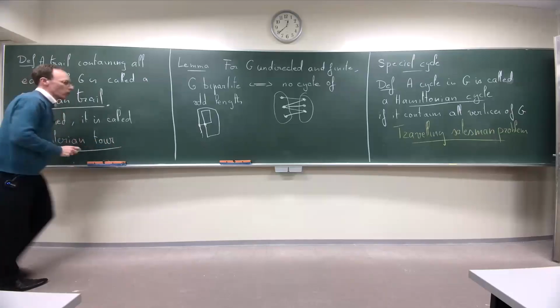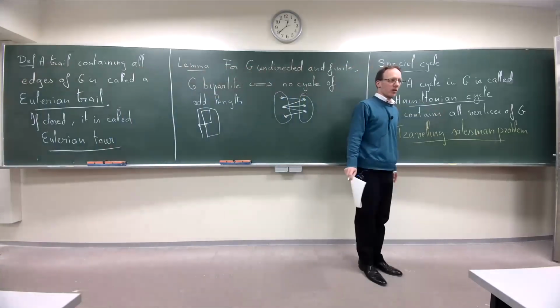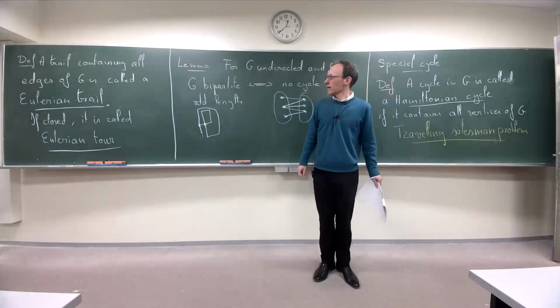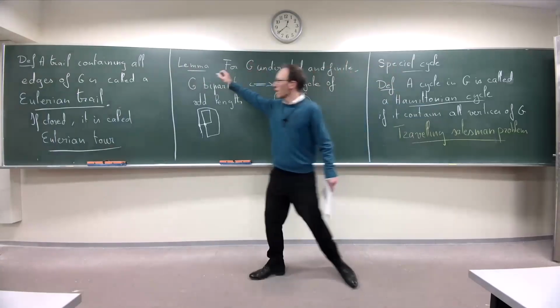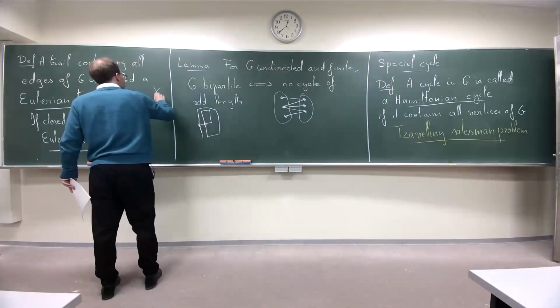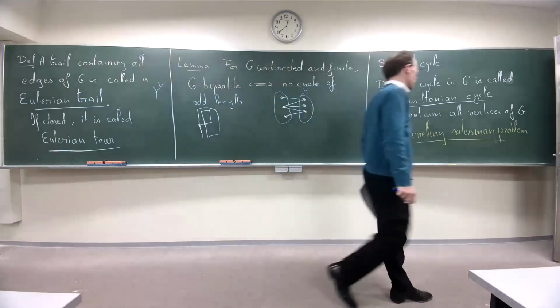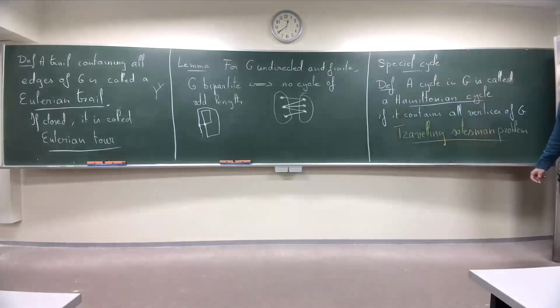And again, you can wonder, if I give you a graph, can you find a Hamiltonian cycle? Can you find an Eulerian trail? Of course, it depends on the graph. For example, in the tree I mentioned before, you have probably no chance to get a Hamiltonian cycle and no chance to get an Eulerian trail.